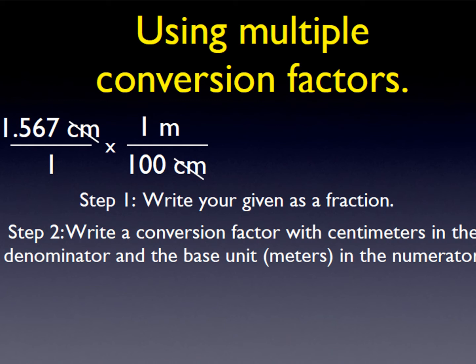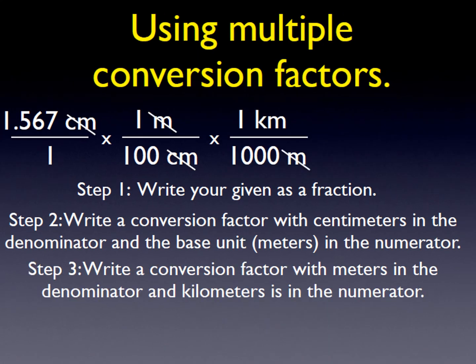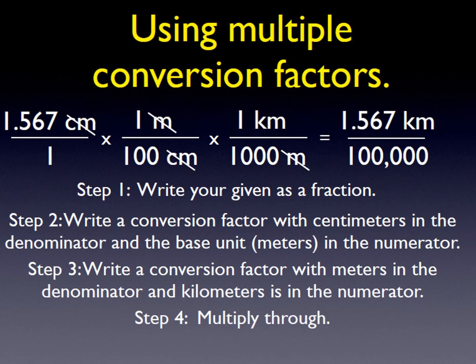So you write your conversion factor with centimeters on the bottom and meters on the numerator. And we want to get to kilometers, and we know there's 1,000 meters in 1 kilometer. And meters are going to be diagonal from each other, so meters is on the bottom because they will cancel out, and kilometers on top.